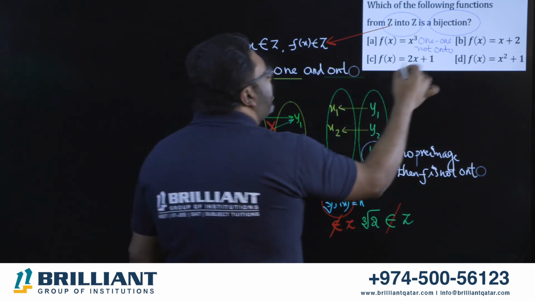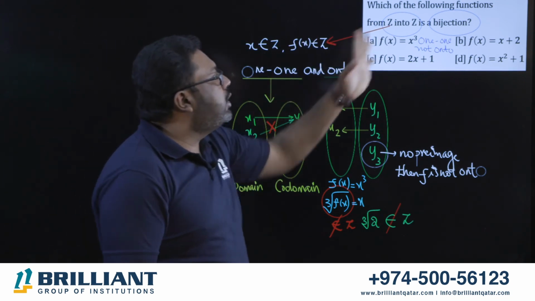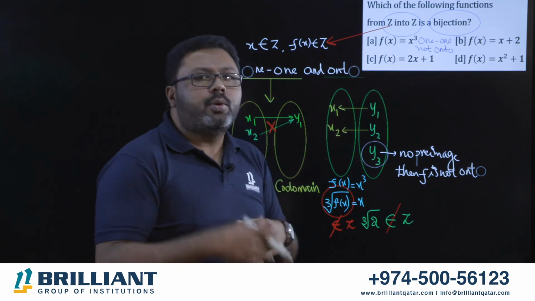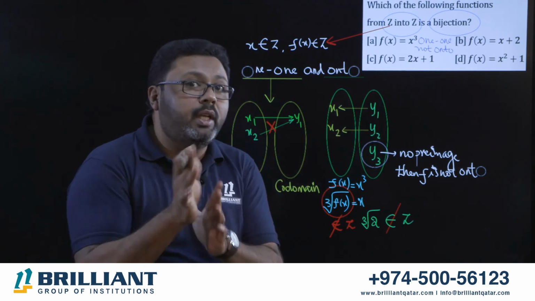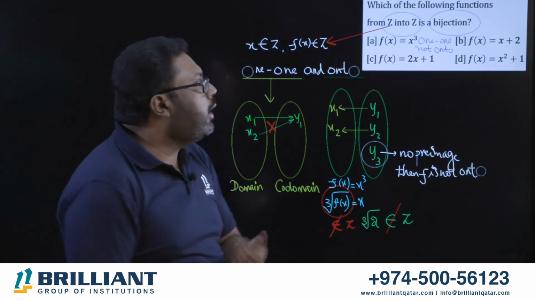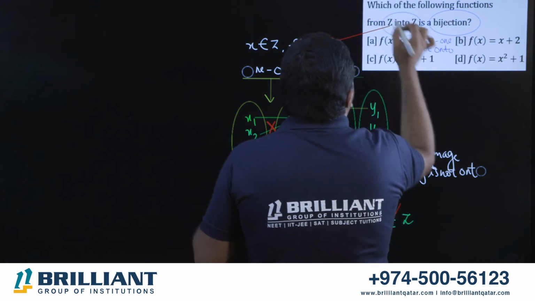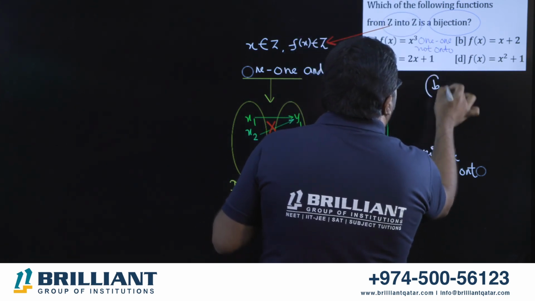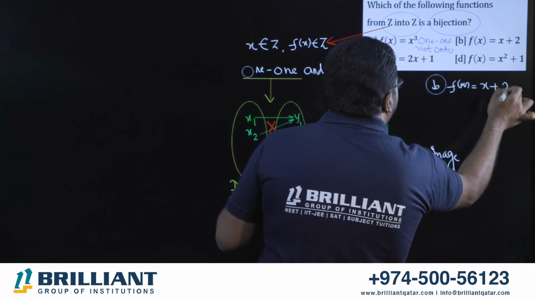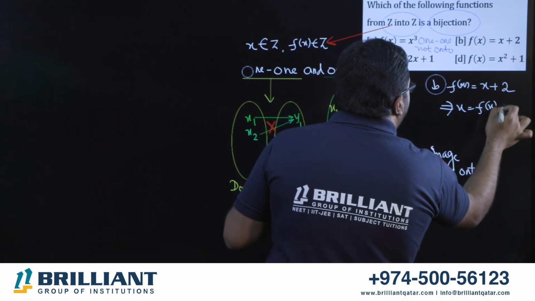Okay, now look at the second option. f of x is equal to x plus 2. Now you can just look and tell. If I put an integer for x, x plus 2 is also going to be an integer. So it is 1-1, every x is going to have a unique integer. Now think backwards, option B. f of x equals x plus 2 implies x is equal to f of x minus 2.